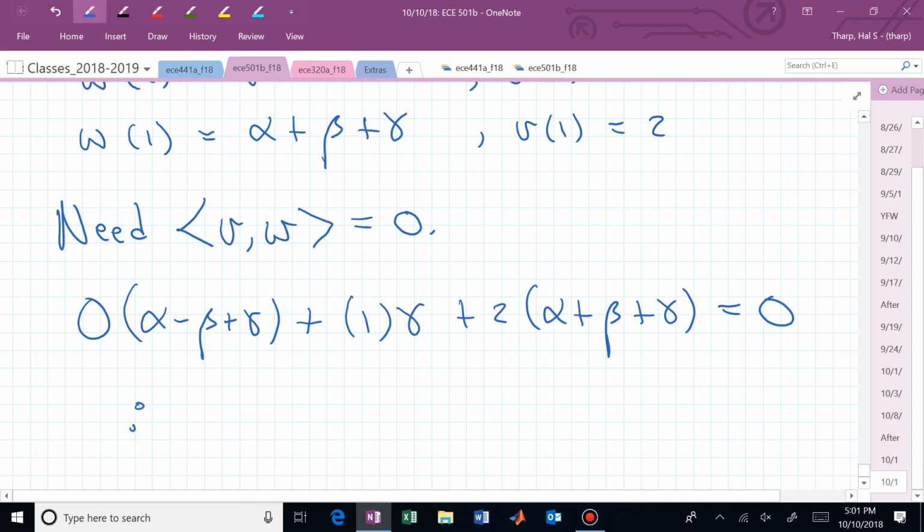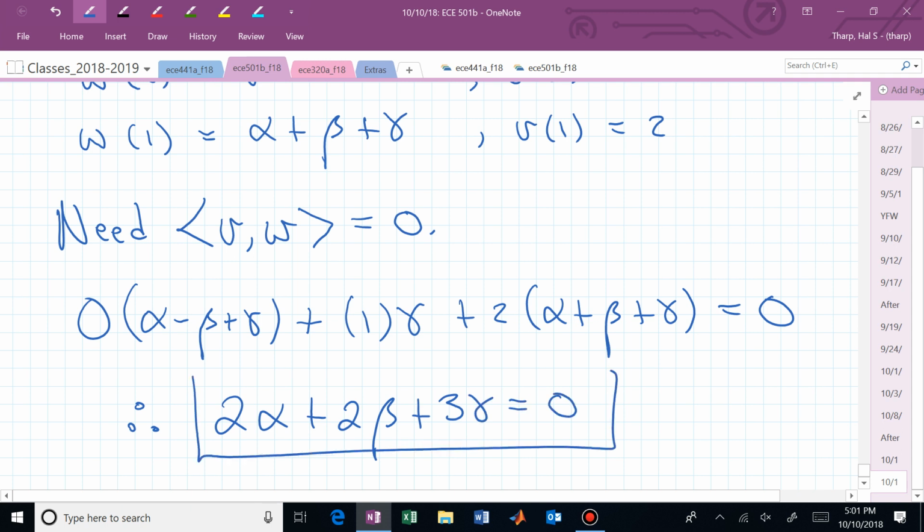So what do we need for W to be orthogonal to V? We need 2 alpha plus 2 beta plus 3 gamma to equal 0. That's all that's required.